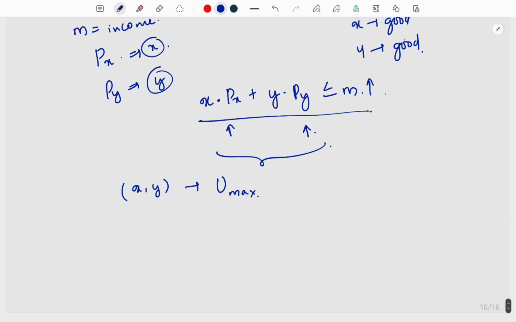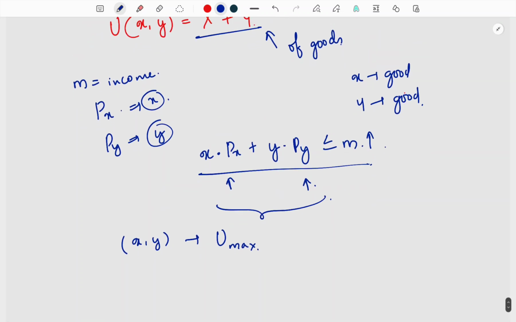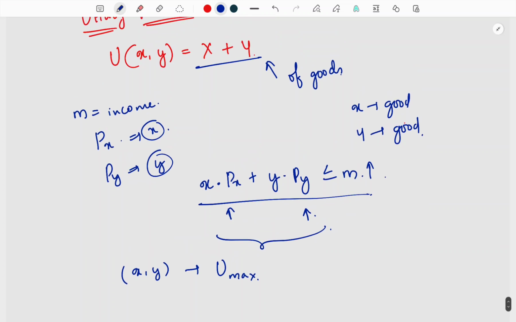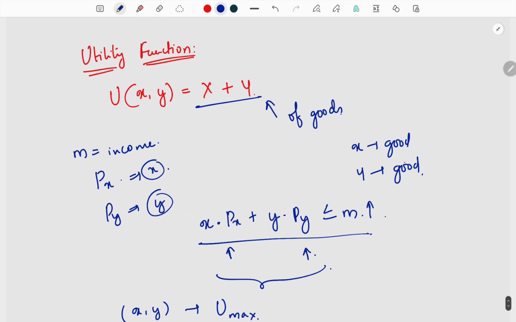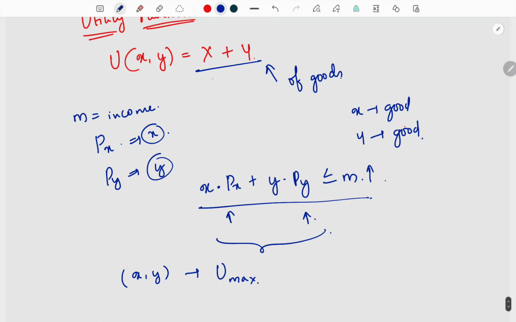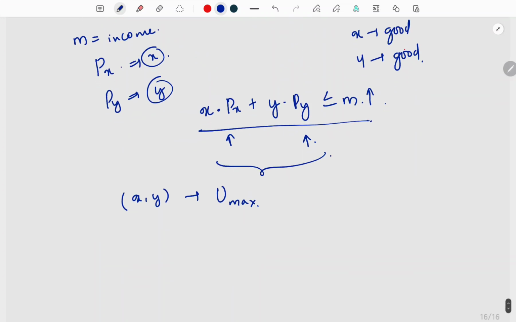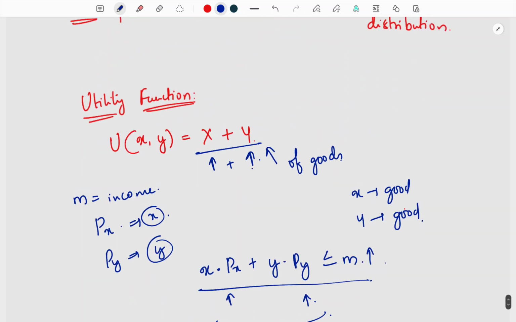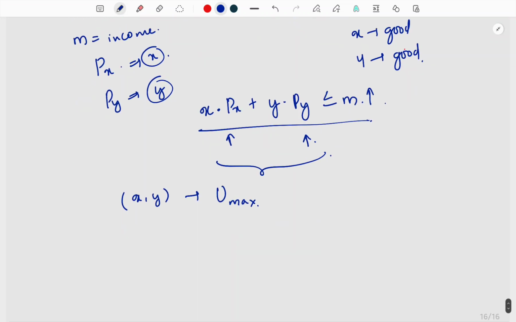You find out that u max by doing these steps. First, you should understand that whatever utility he gets from x adds up to what utility he gets from y, which gives him his total utility. And here, what is the main factor for consumption of x and consumption of y?